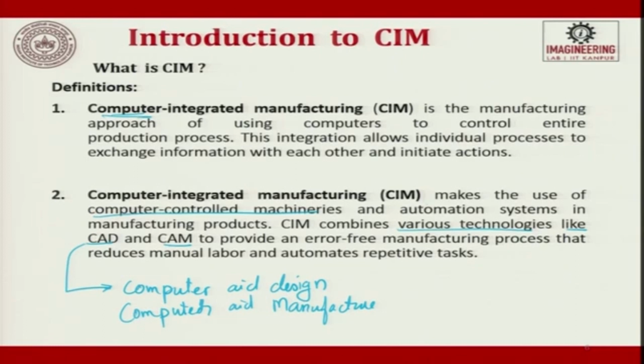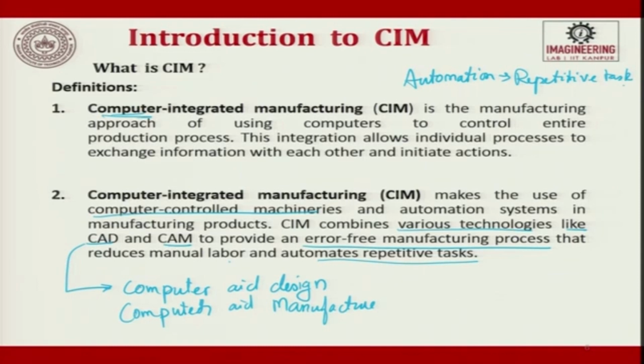So, why do we want to integrate? We have to provide an error free manufacturing process that reduces manual labor and automates repetitive tasks. Today, automation is thought of in a big way to remove repetitive tasks. Why does a repetitive task have to be removed from manual operation?